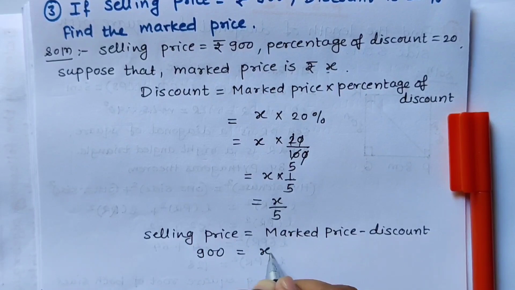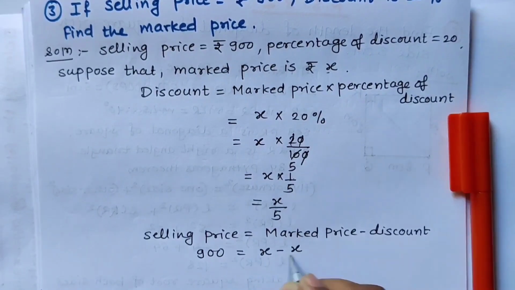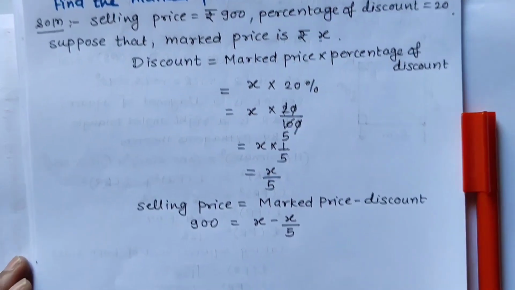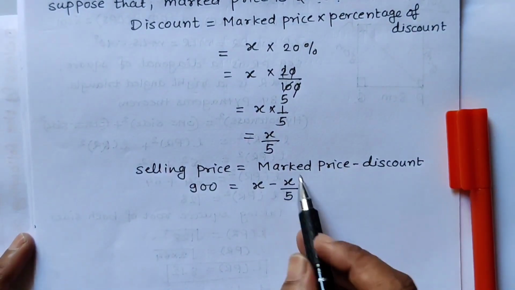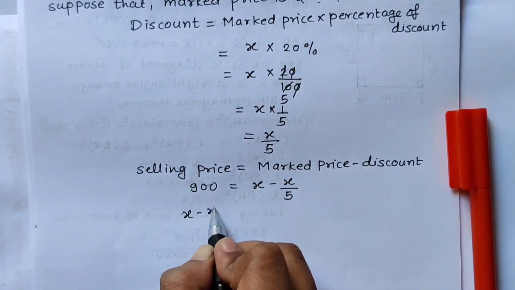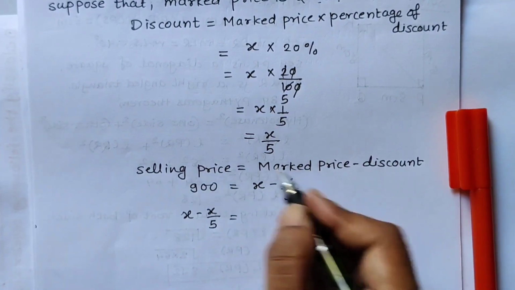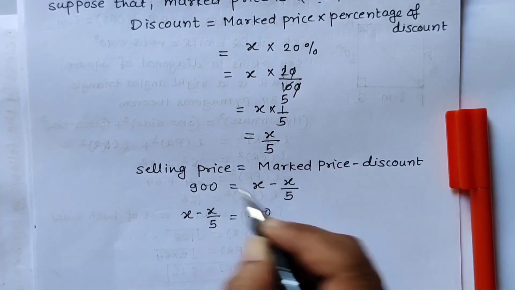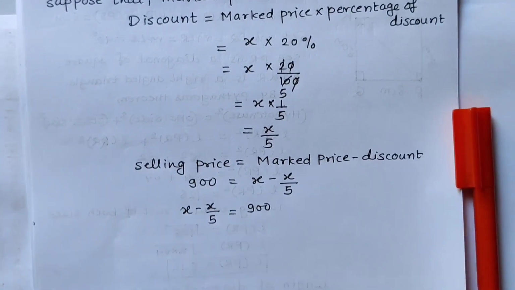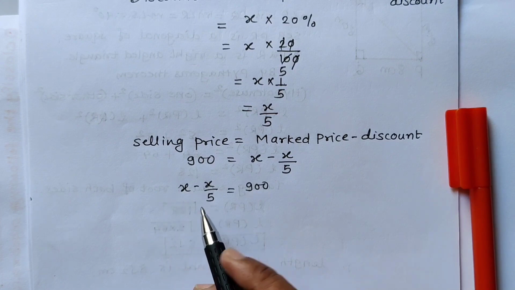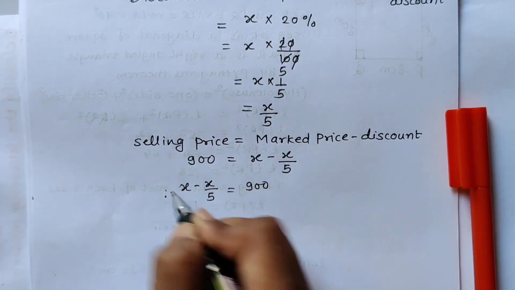Marked price we have imagined X and discount we have got X upon 5. Now I will write this right hand side term on left hand side: X minus X upon 5. All the terms I have written on this side and this 900 I am writing on right hand side. So we don't require to change the sign now because it is easy to calculate. That's why I have done like this.